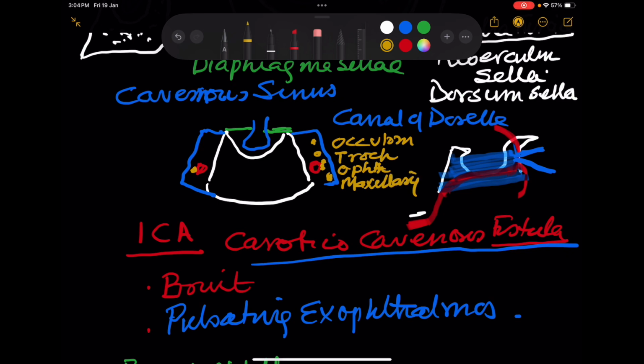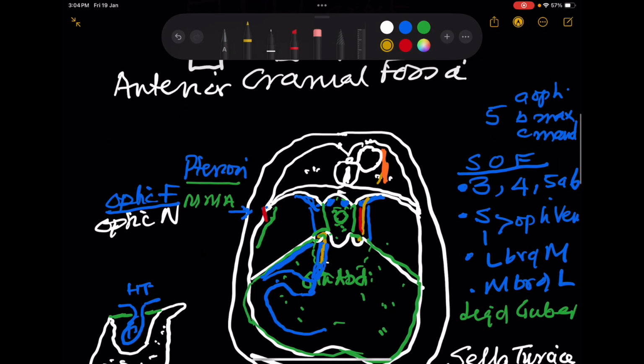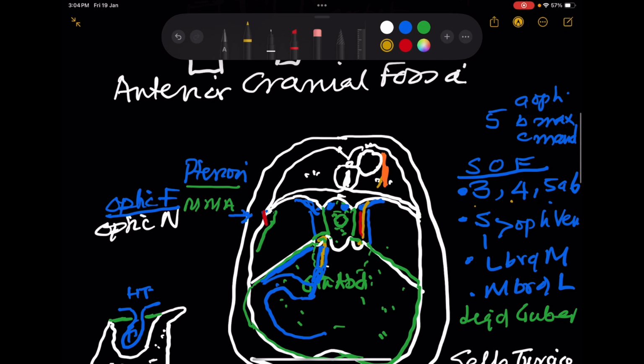All right. So oculomotor is the third, this is the fourth, this is the fifth A, and abducent is the sixth. I have told you the superior orbital fissure passes the third, fourth, fifth A, and sixth nerve.